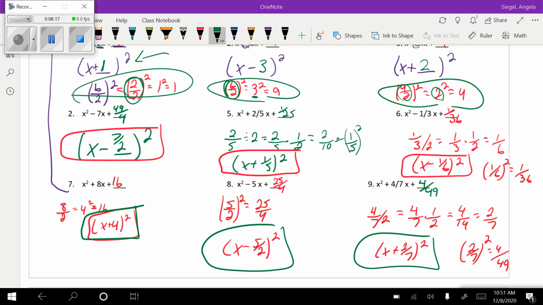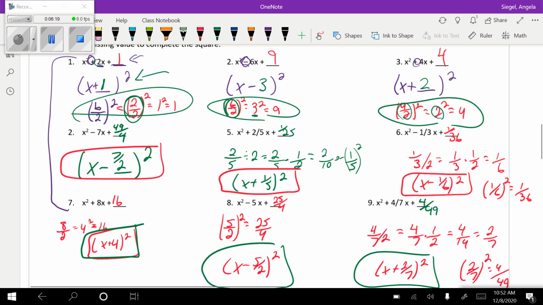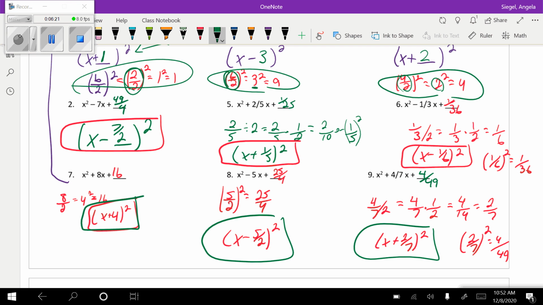Okay, so let's talk about these next 6. I think number 5, number 6, and number 9 are kind of confusing because we're starting out with a fraction. Remember, we're going to divide by 2. When you divide a fraction by a number, you multiply it by its reciprocal. That's where this step is coming in, right here, and right here, and right here.